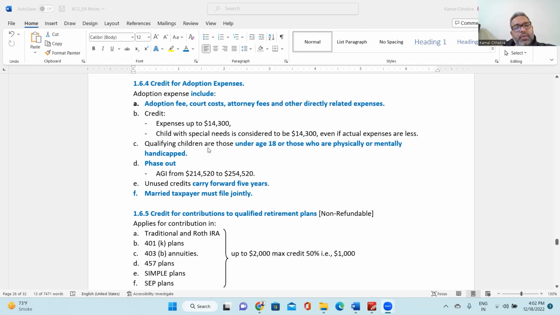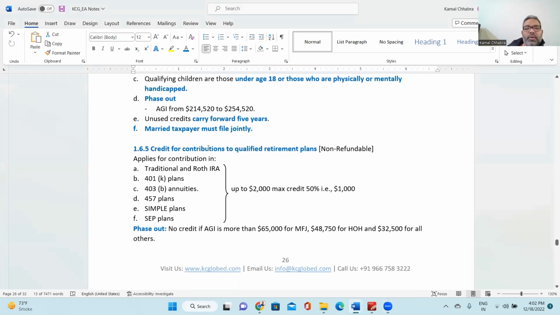Now, coming to the credit for contribution to qualified retirement plans. So here, if you see the qualified retirement plan, which we will discuss earlier also. There are traditional retirement plan as well as Roth IRA, which are majorly prevalent.